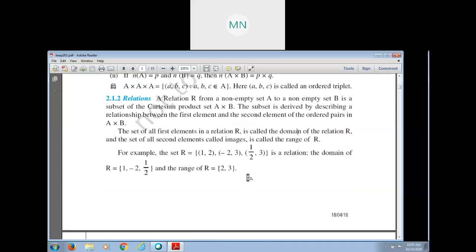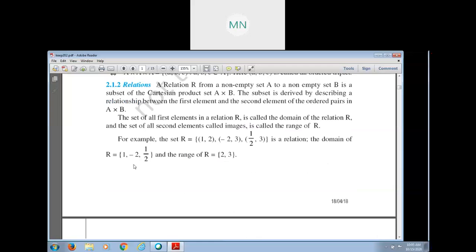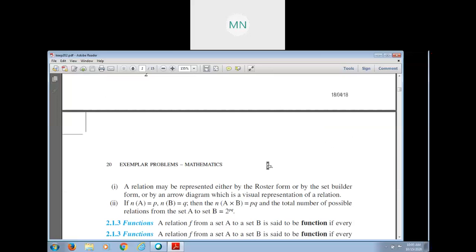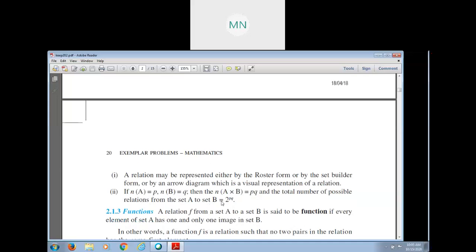Suppose here, from this one we cannot say because here A and B are not identified. So we cannot tell about the total number of relations.